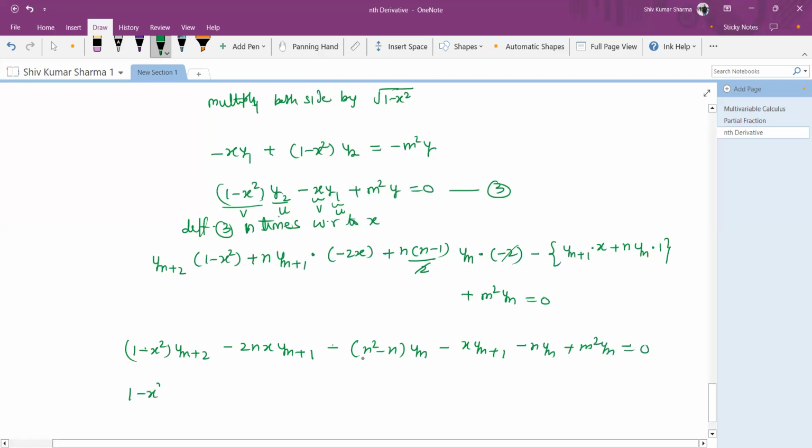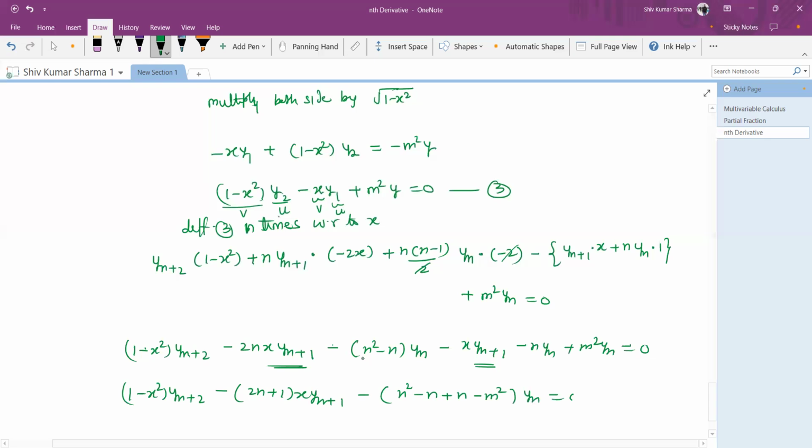So (1 minus x square) y(n+2) minus, x y(n+1) we can take common, so this gives us (2n plus 1) x y(n+1). Here we can take yn as common: n square minus n, plus n, and here we have minus m square, into yn is equal to 0.